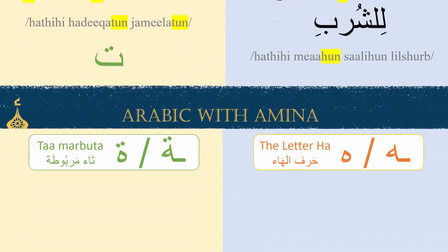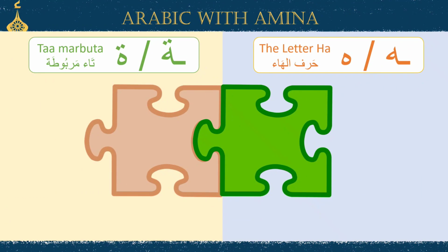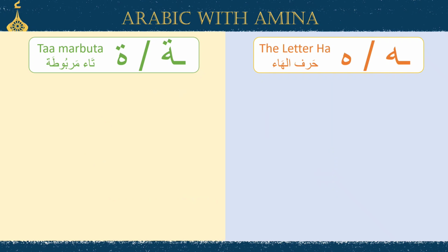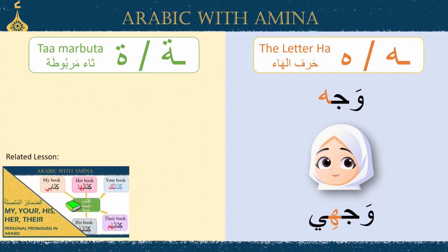Another difference shows up in conjugation, or when we attach suffixes to words. Take the word wajh, face. If we want to say my face, we add the possessive ya at the end, and it becomes wajhi.